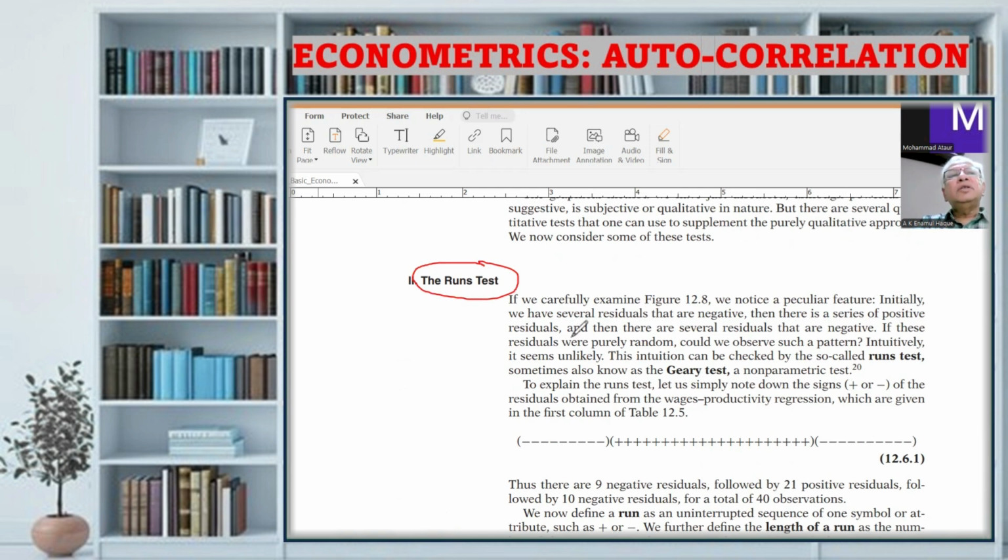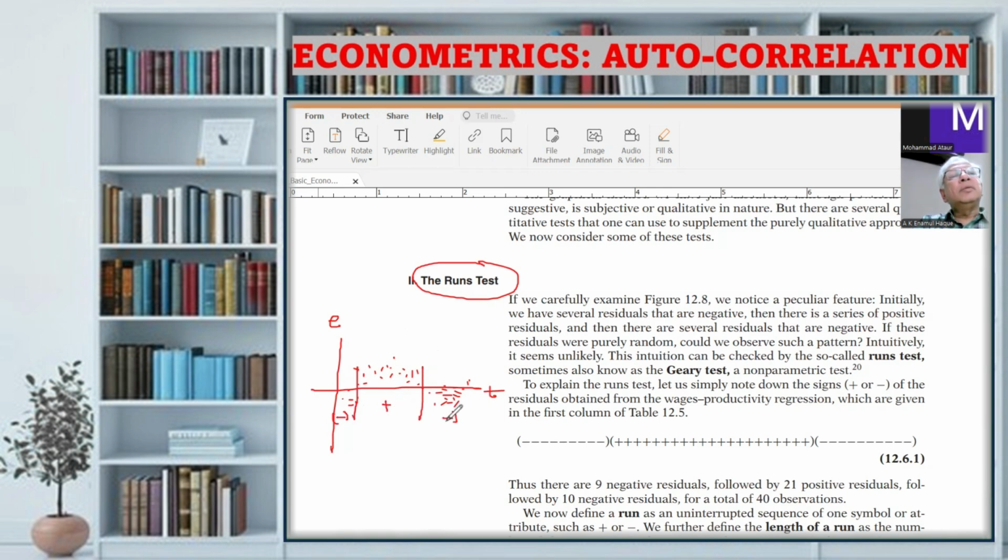The idea was, when I look into the error terms, I'm giving you the logic. If I plot T and if I plot E, we see that here the error terms are negative. Within here, the error terms are positive.